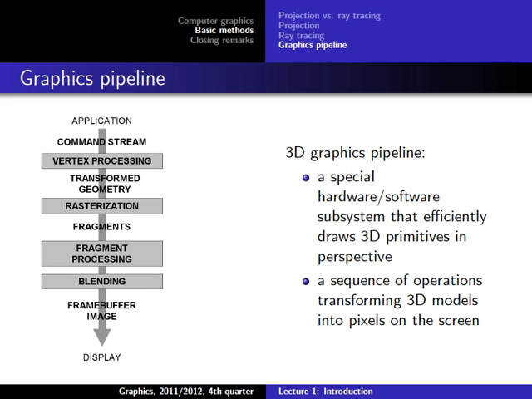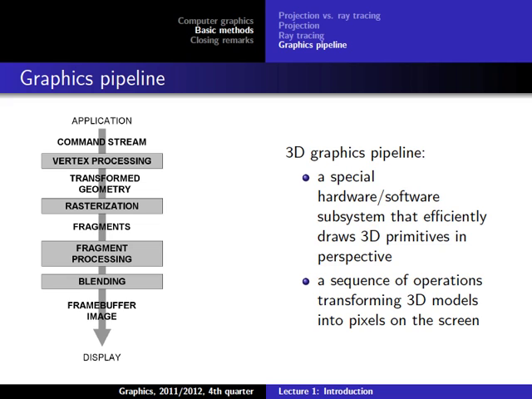So one of the terms that you often see when you talk about computer graphics, especially in computer graphics programming, is the so-called graphics pipeline, which is basically a very abstract concept or term, although there are of course very concrete implementations or realizations of it.